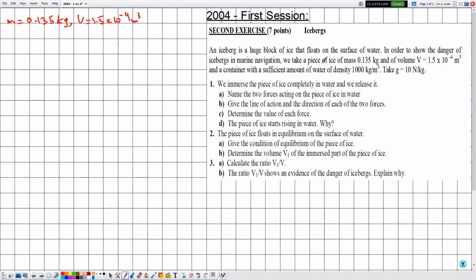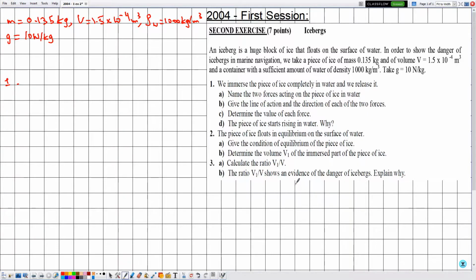And a container with a sufficient amount of water of density 1000 kg per meter cube. So let's denote the density of water to be rho W, given by 1000 kg per meter cube in the SI. Now take g equal to 10 newtons per kilogram, which means that we are performing this experiment on the surface of Earth. Now part 1, we immerse the piece of ice completely in water and we release it.